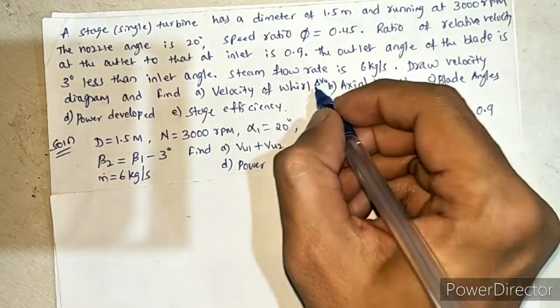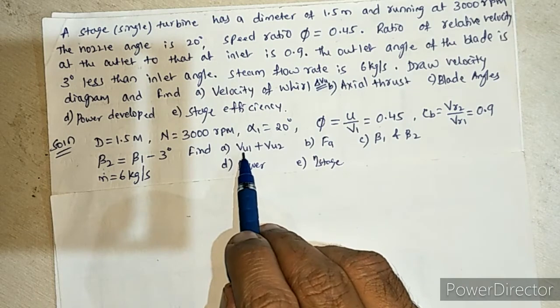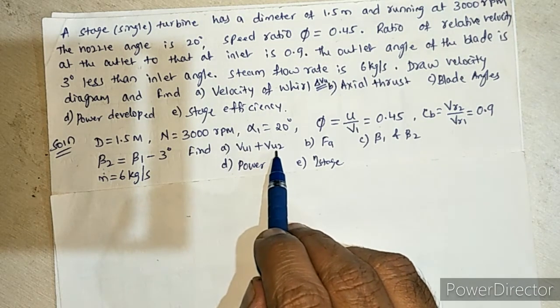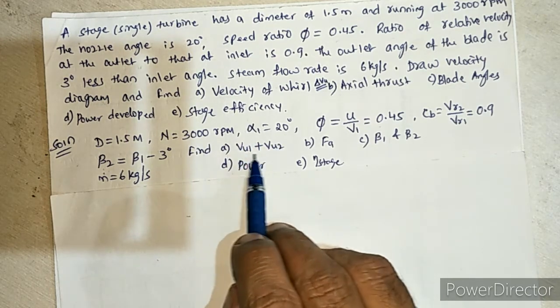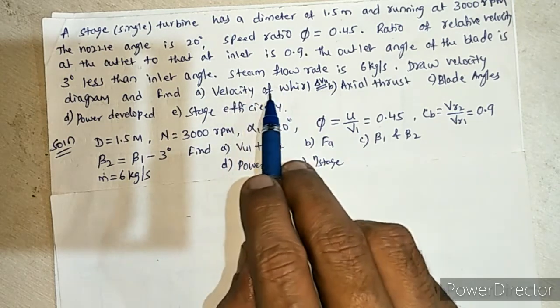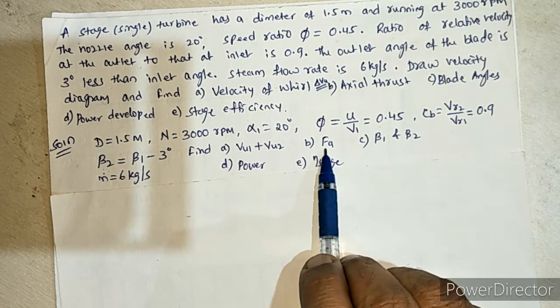This delta vu is the sum of the tangential component at the inlet, vu1, plus the tangential component at the exit, vu2. That we call velocity of whirl.